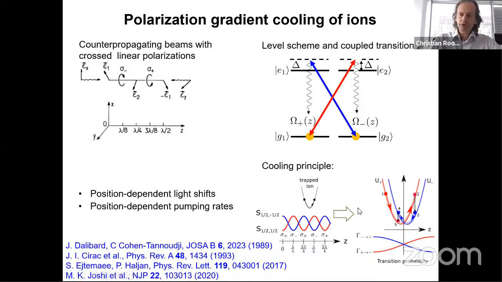At the same time, you now have pumping rates that in the center are the same for both states, where both light fields have the same intensity, but that differ to the left and to the right.